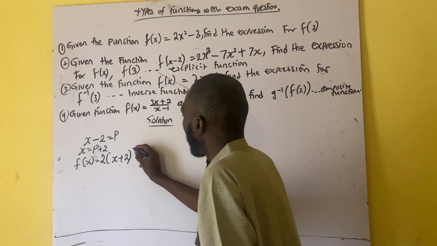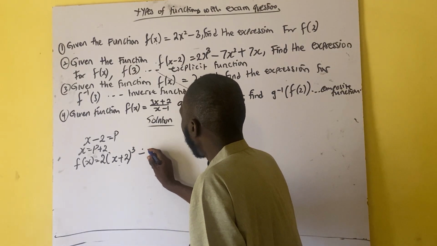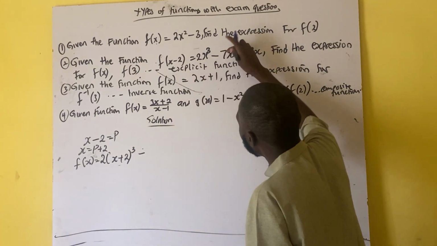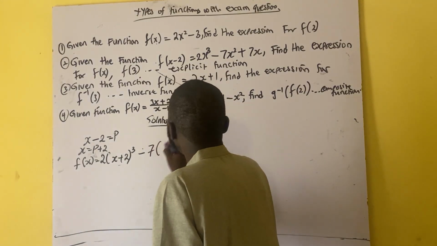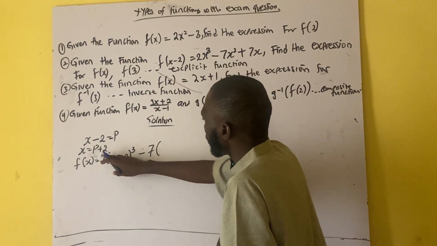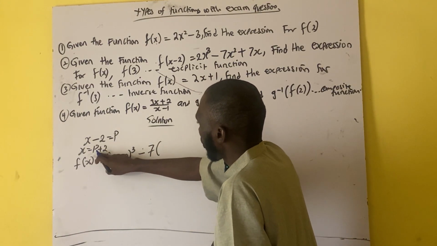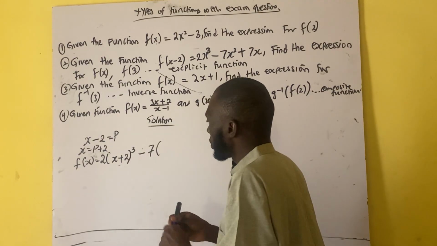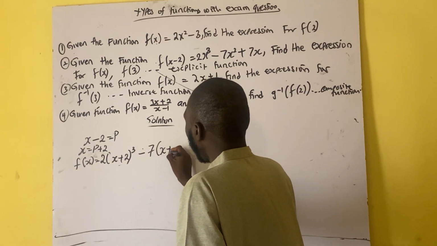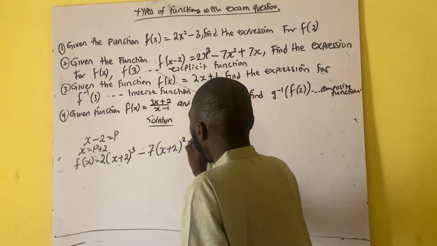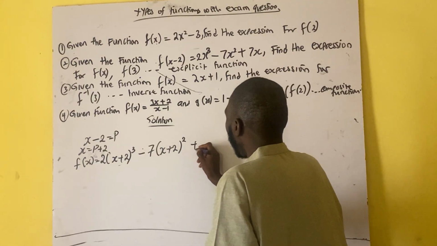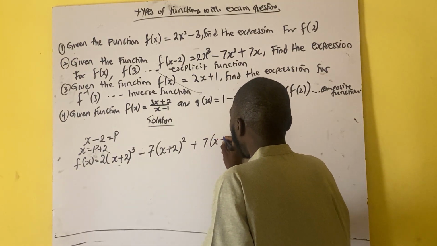Then I have cube here. So you have negative here. What I have here, I have 7, open bracket. This x, I told you earlier, is going to be equal to x plus 2. This is how to go about it. Here also will be x plus 2. Here is square here. What I have here also is plus 7 times x plus 2.